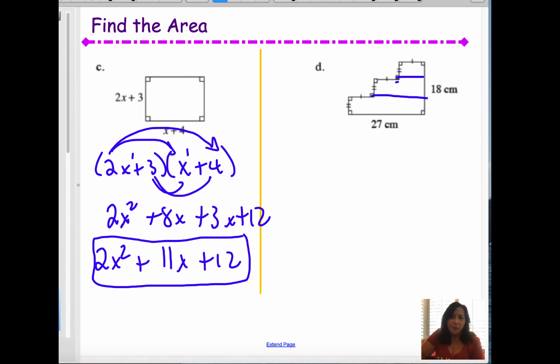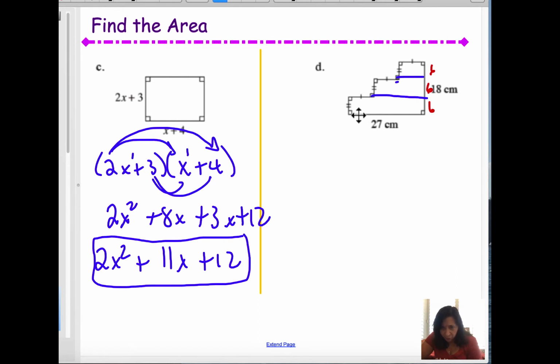So, for example, the first one, this rectangle right here, well, if this is 18 all the way going up, and I know this is divided into 3 equal parts because of the congruent little signs there, then 18 divided by 3 is 6. So all of these 3 sides are 6.